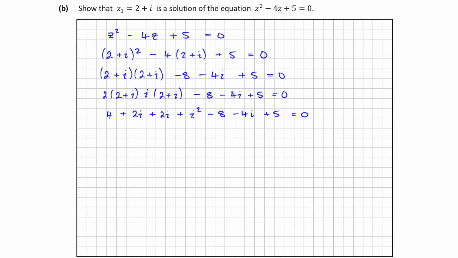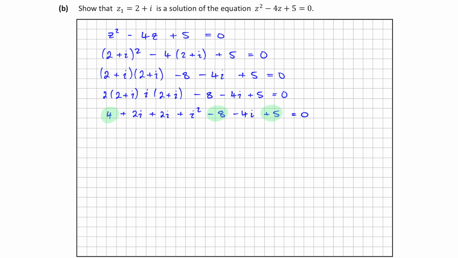So we're just going to tidy this up a small bit more. There's loads of different ways you can do this. I think the best thing to do is just tidy up what we have at the minute, right? So what we'll do is we'll collect all the similar terms. So let's collect all the numbers. So 4 minus 8 plus 5, right, will give us 1.